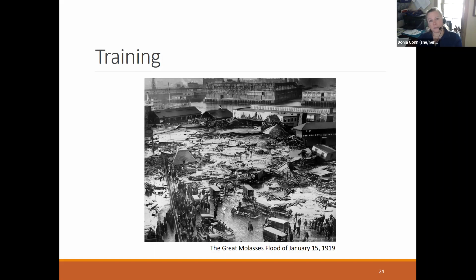And molasses does what molasses does when it starts to warm up, and it started to ferment, and it blew the tank open, and there was a tidal wave of molasses that just ran into the area and then hit the hill and started coming back. And so you have this essentially tsunami, but it's not a tsunami of water. It's a tsunami of molasses.